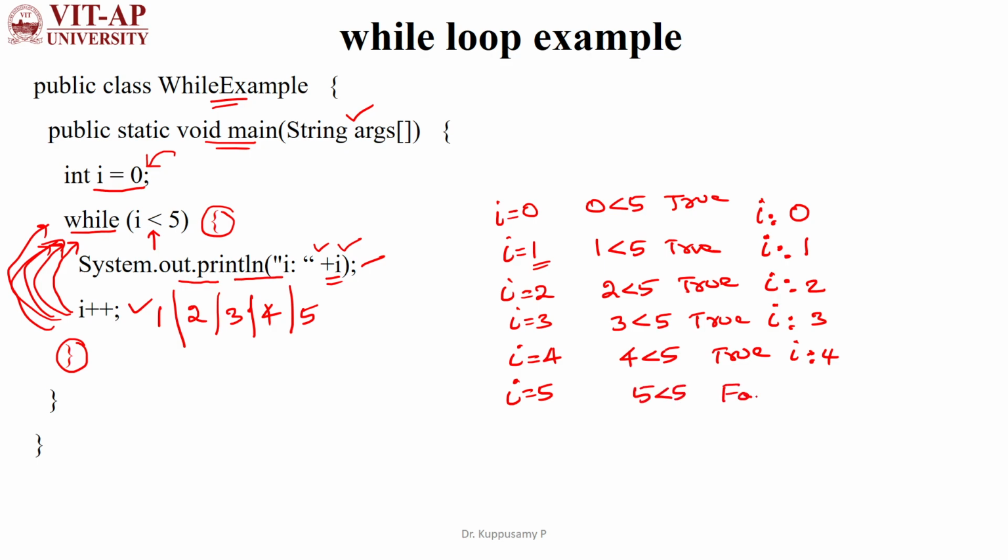Now it is false. Once it is false, the while loop will exit from the block. Now there are no statements, so the program will stop. So this is the output. The while loop will first check the condition, then execute the statements if it is true. Otherwise it will come out of the while loop.